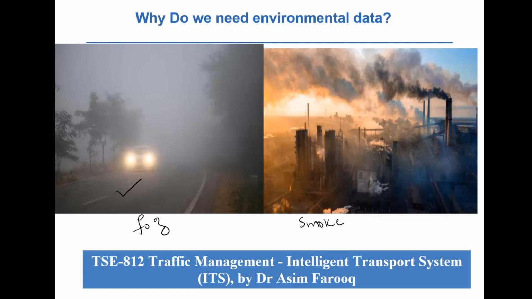What are the different phenomena in terms of formation, and how can human activities influence the smoke as well as the fog situation? When we are trying to understand smog, smog is actually the combination of fog plus smoke.